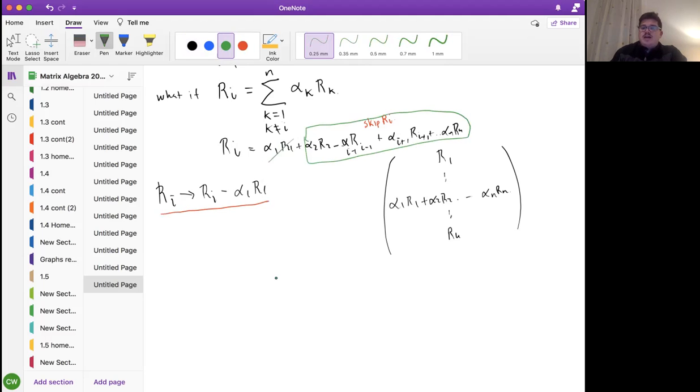All you're doing is getting rid of that one. You see that? Doing a row operation, and I'm taking away alpha 1 row 1. Nothing's becoming 0. I'm just doing that type 3 operation, minus alpha 1 row 1.